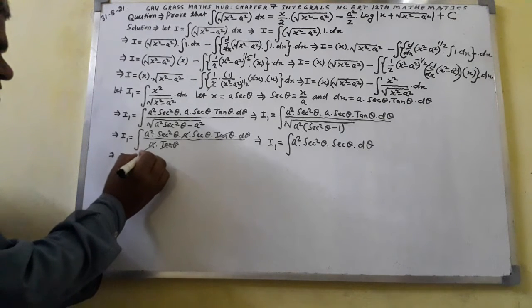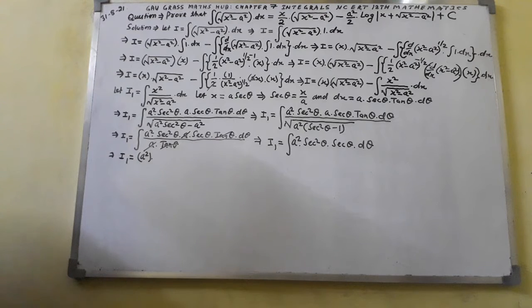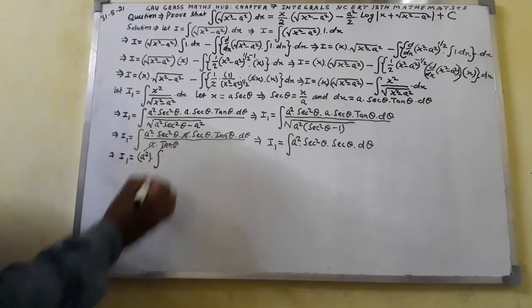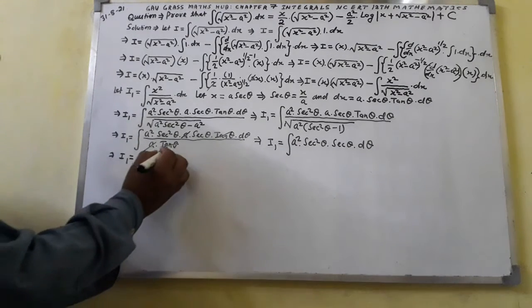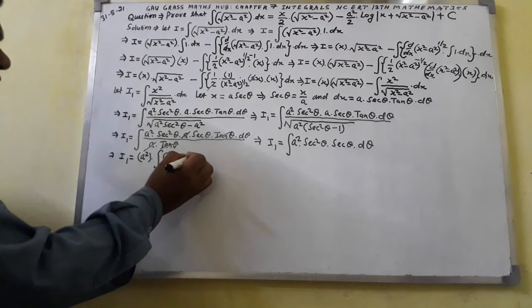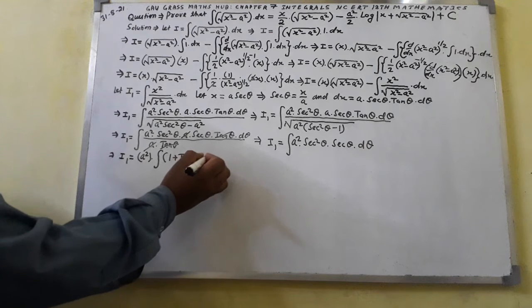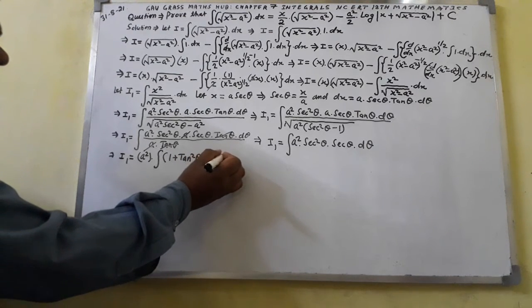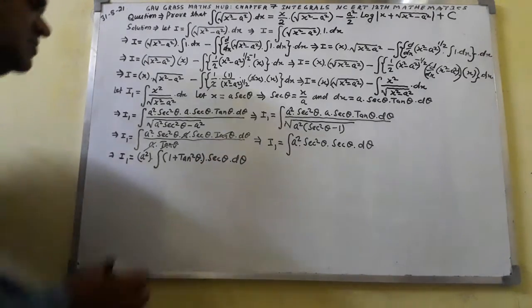So here write a square integral, sec square theta can be written as 1 plus tan square theta, bracket close, dot sec theta dot d theta, I shall write.